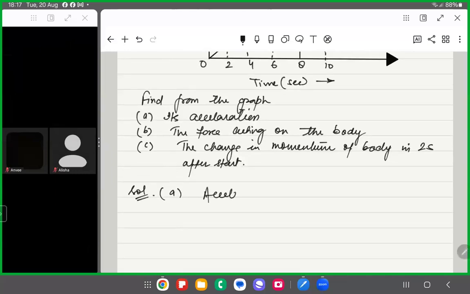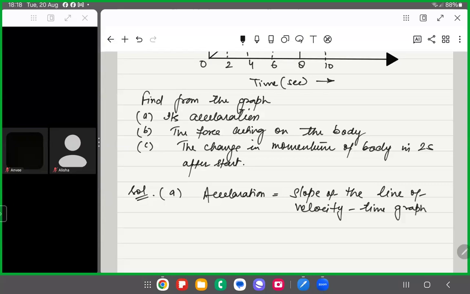The acceleration of the body is the slope of the line of the velocity time graph. So if you find out the slope of this line, then that is the acceleration. How to find the slope?